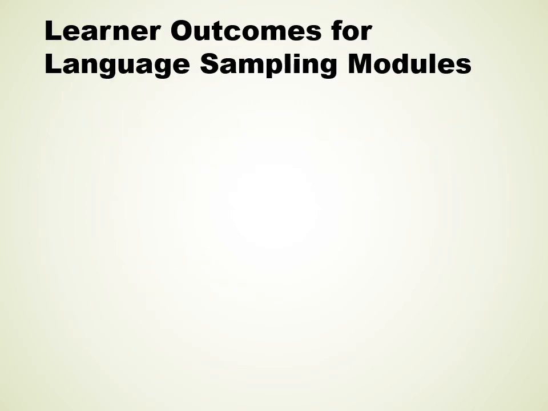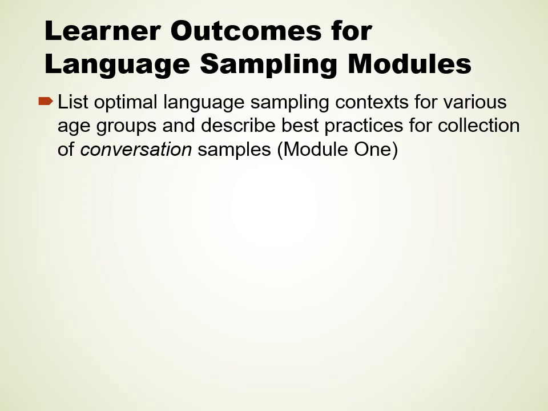Let's look at your learner outcomes for the three language sampling modules. In the first module, you'll be able to list optimal language sampling contexts for various age groups and describe best practices for collection of conversation samples.